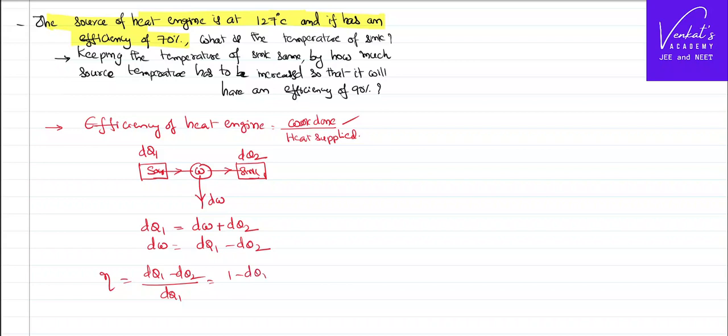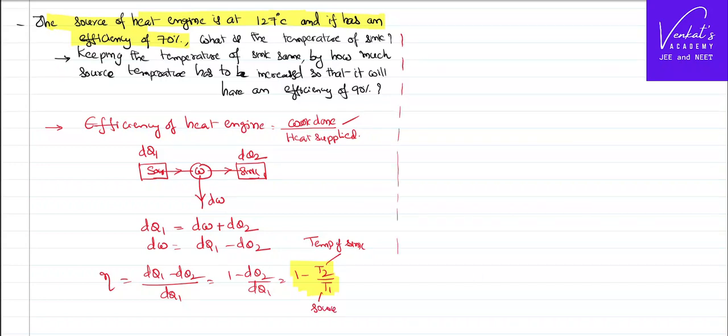That is 1 minus dQ2 by dQ1. As temperature is proportional to energy, I can write the formula for the efficiency as 1 minus T2 by T1, where T2 is the temperature of sink, T1 is the temperature of source.